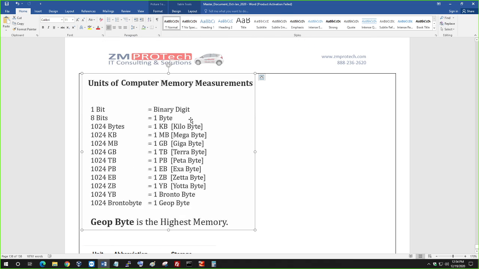You start with binary and bits. When it comes to an IP address, it's calculated in bits, not kilobytes and all that. So we have either 8 bits, or 32 bits, or 64-bit.